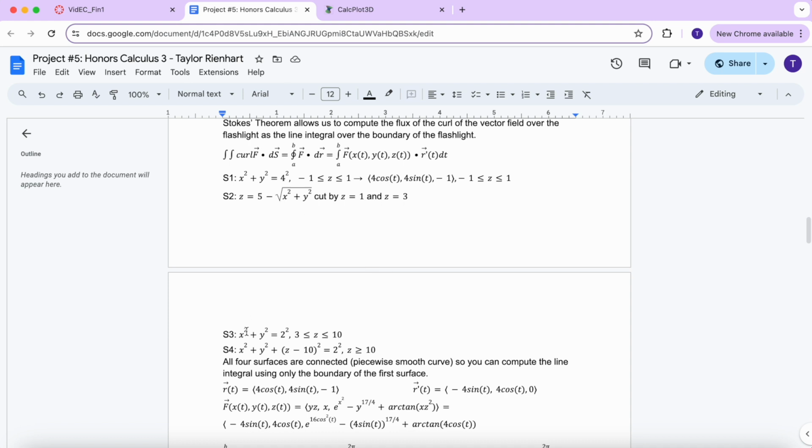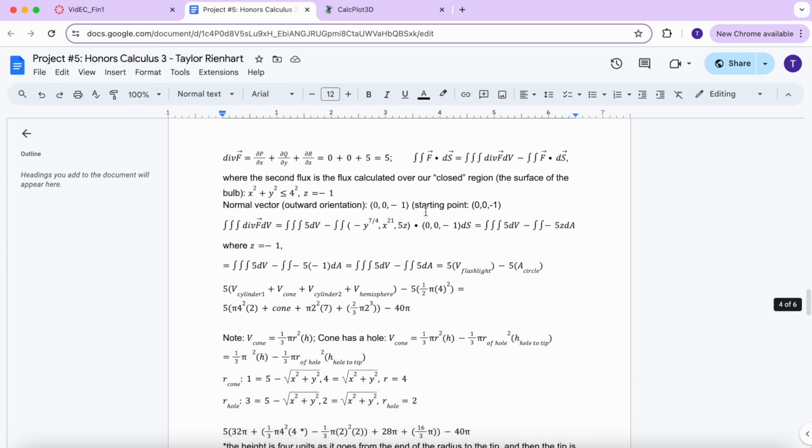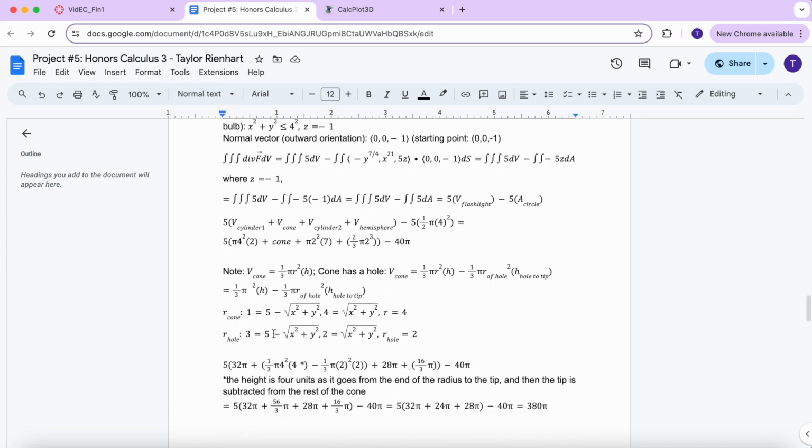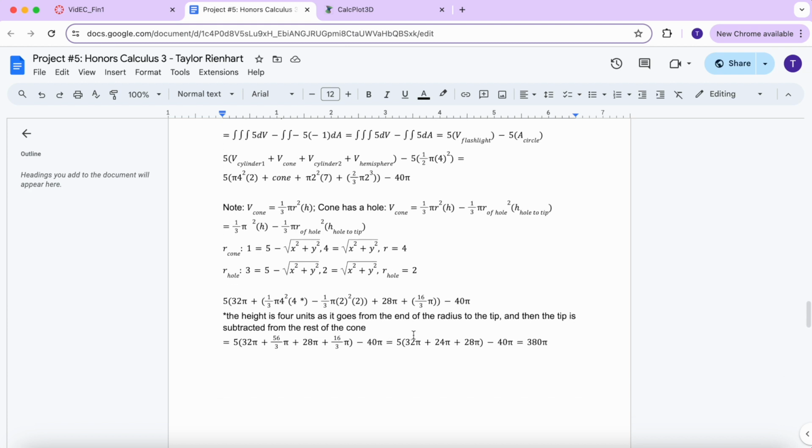Here we're discussing surface 2, which is the cone cut by the plane z equals 1 and z equals 3. Now that we have set these equal to 1 and 3, we get that the radius is equal to 4 for the main cone, and the radius is equal to 2 for the hole. Now we can plug in our values.